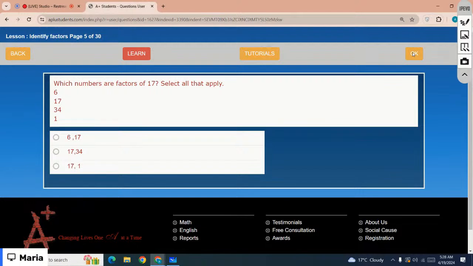Which numbers are factor of 17? The correct option is, the only factors for 17 are 1 and 17, right?